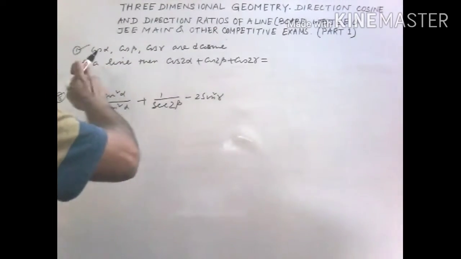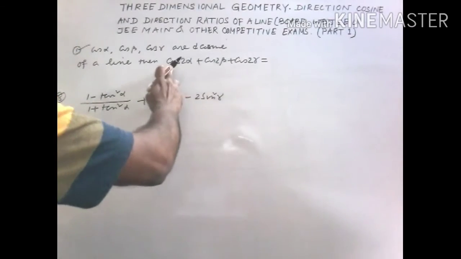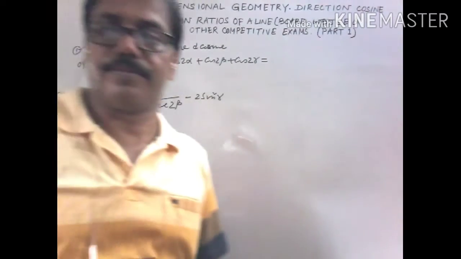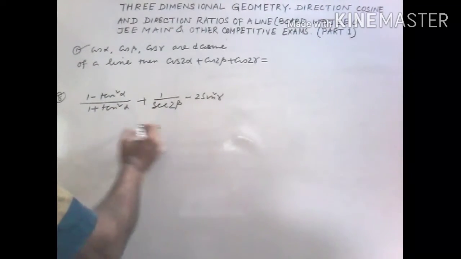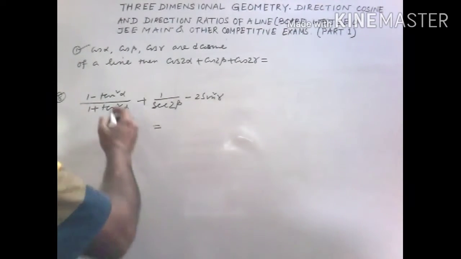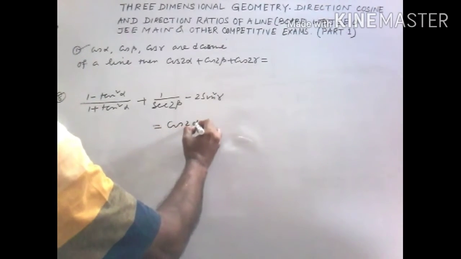Now look at problem number 18. Cos alpha, cos beta, cos gamma are the direction cosines of a line. Then you have to find the value of this expression and the value of this expression. So consider the second one: 1 minus tan square alpha by 1 plus tan square alpha is cos 2 alpha.